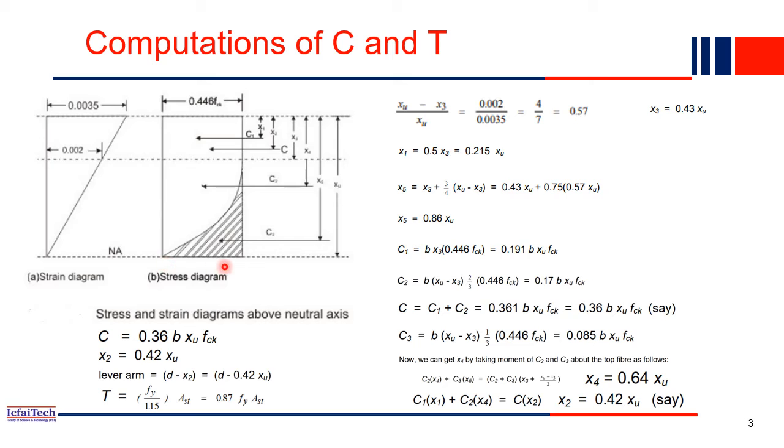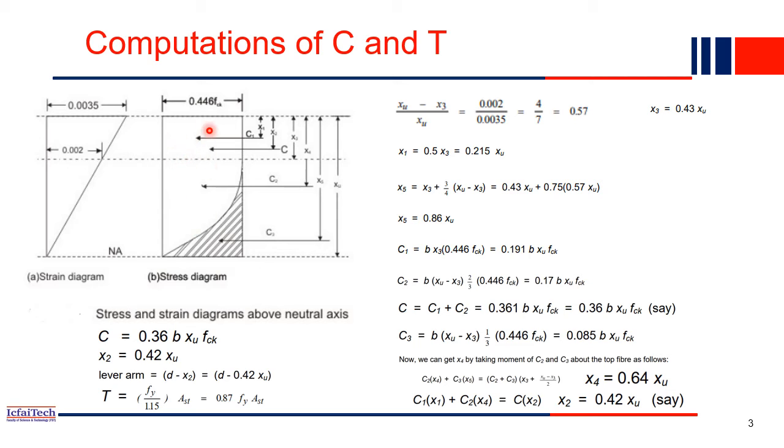Now look at this diagram. Basically, our main objective is to find the net area under this diagram. What is the net area here, that we are supposed to find out.